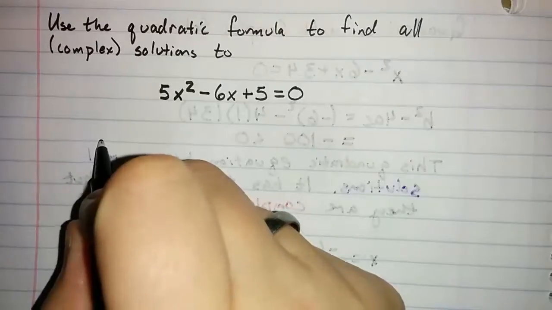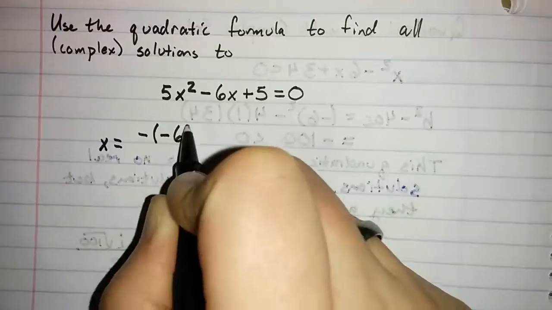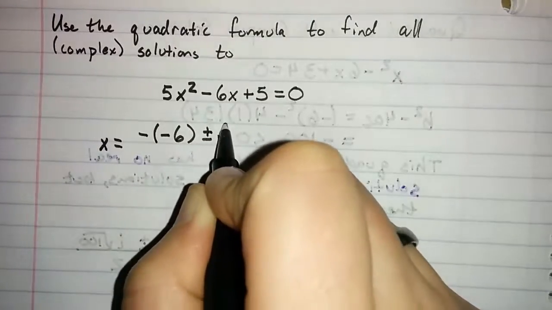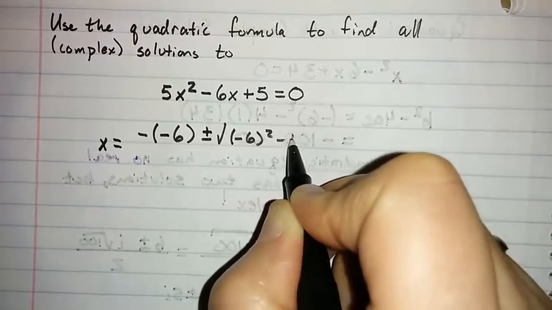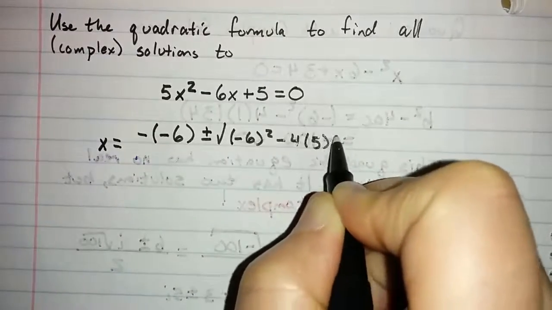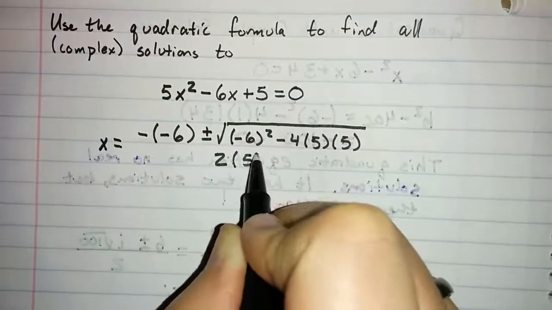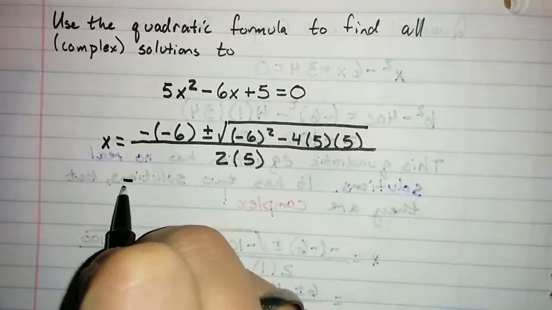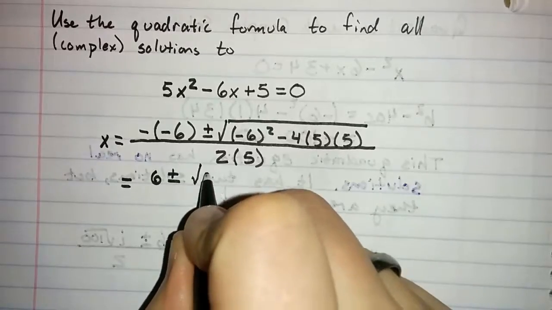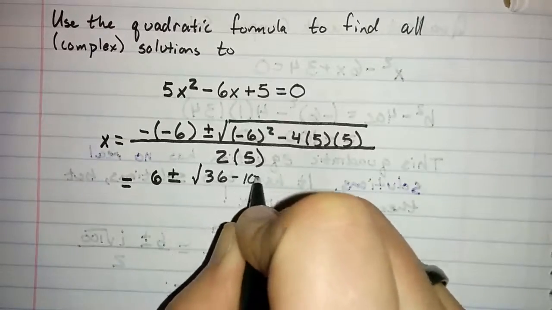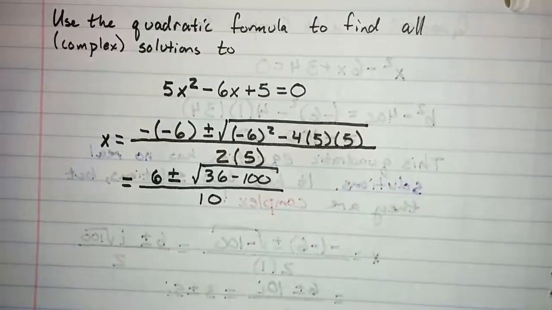Alright, so in the quadratic formula we'll have x equals negative of -6 plus or minus the square root of -6 squared minus 4 times 5 times 5, all over 2 times 5. So that's going to be 6 plus or minus the square root of 36 minus 100, all over 10.